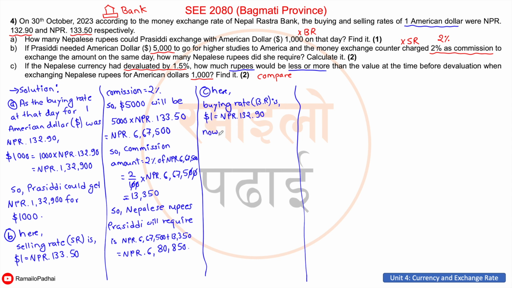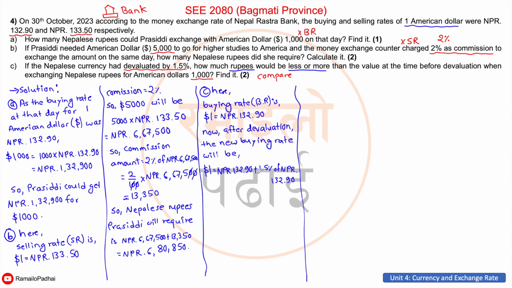Now after devaluation, the new buying rate will be $1 is equal to NPR 132.90 plus 1.5% of NPR 132.90.